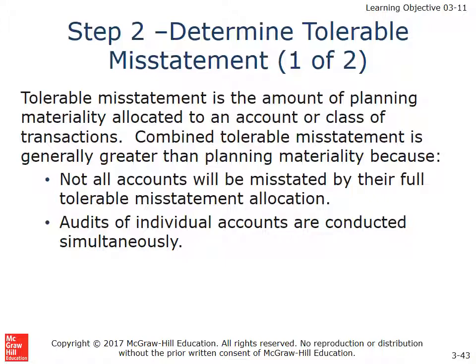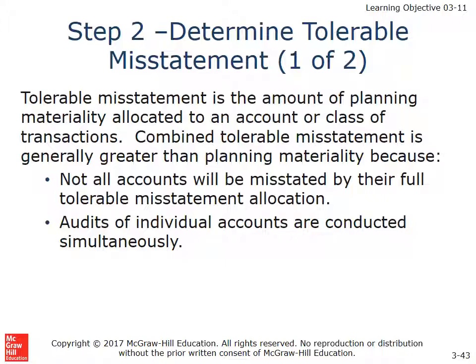Tolerable misstatement says, okay, it's the amount allocated to an account or class of transaction. How much can my cash account be off? How much can my accounts receivable be off? Okay, that's tolerable. And usually, combined tolerable misstatement is generally greater than planning materiality.